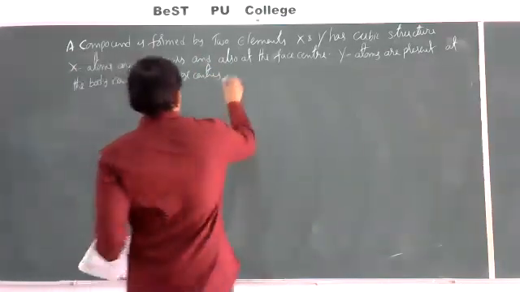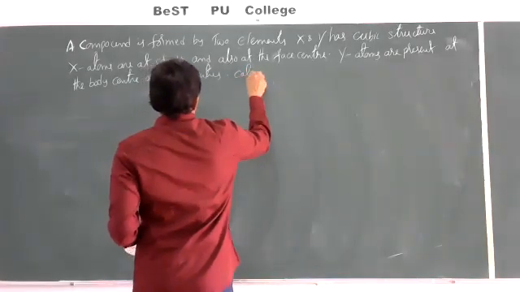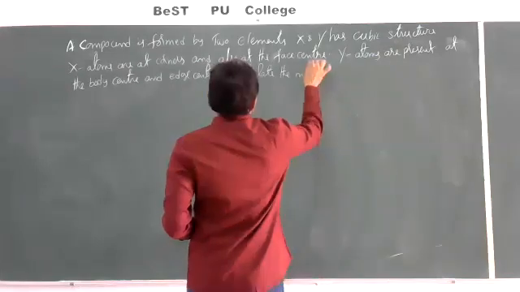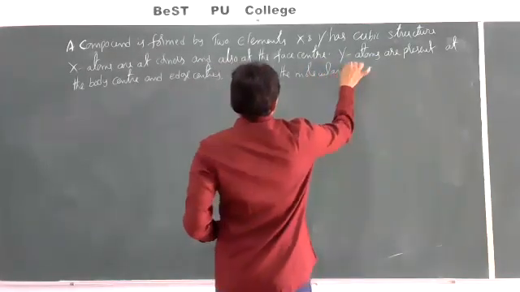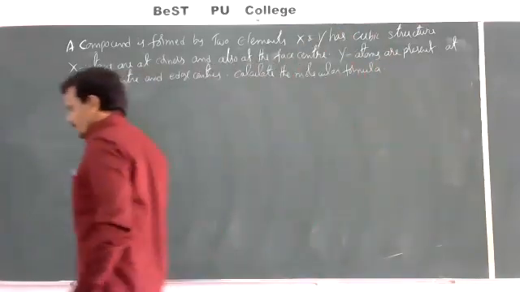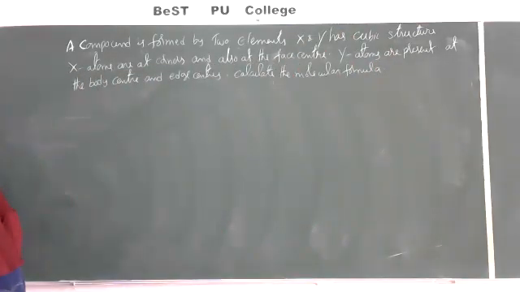Then calculate the molecular formula of the compound. Calculate the molecular formula of the compound. Right. This is the first part. I'll give some more applications for the same question now. So let us see here.